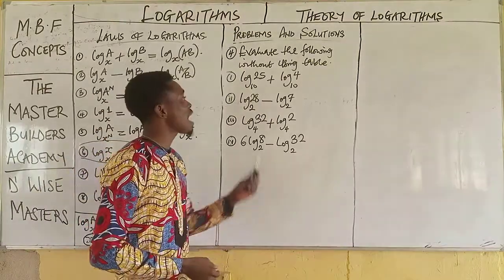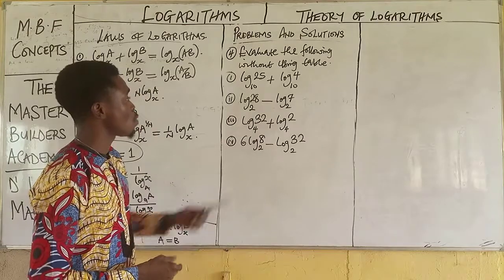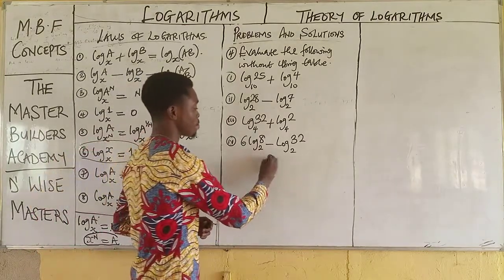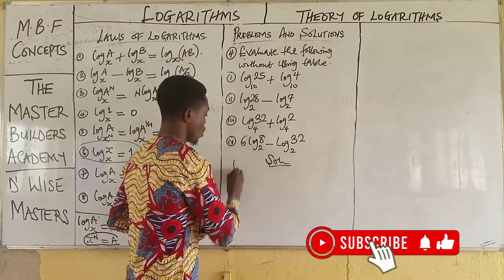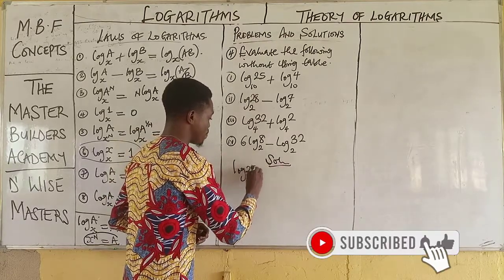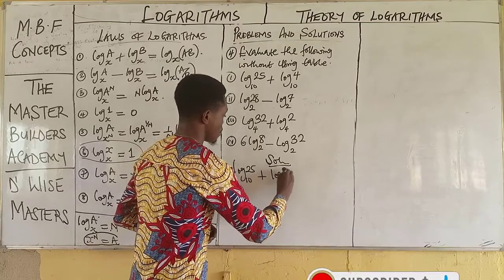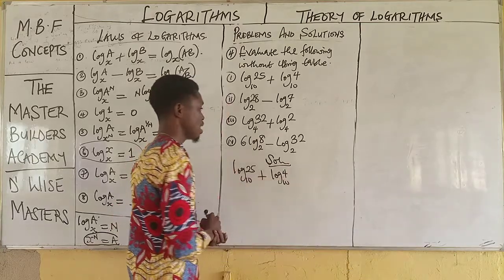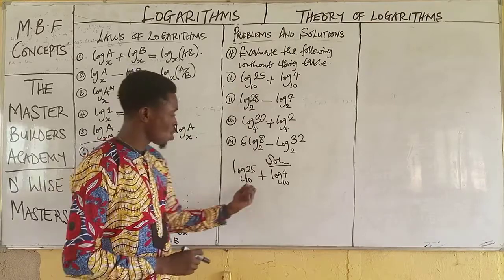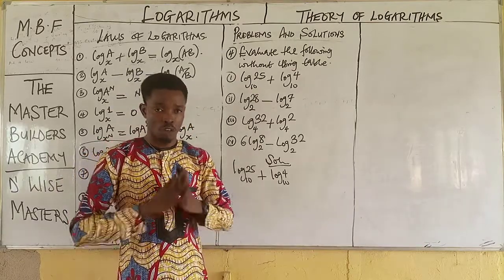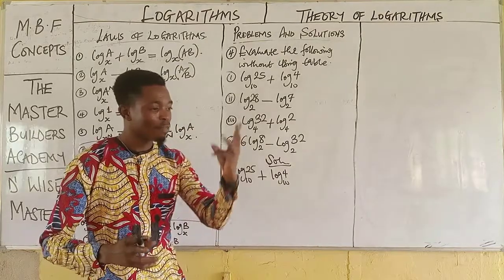Now, on the board, we have the very first question under question number 4, which happens to be Roman figure 1. We are asked to find log 25 base 10 plus log 4 base 10. Like I said before, the first thing you watch out for is that anytime you have multiple logs of numbers, check for 3 things.